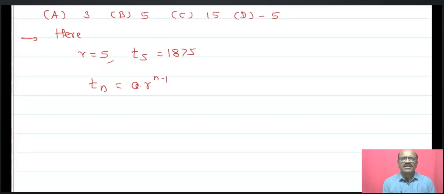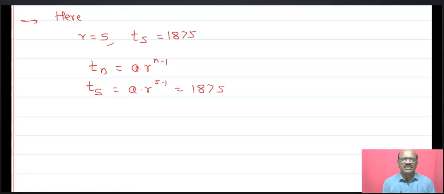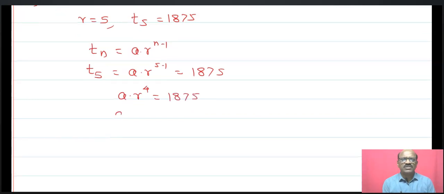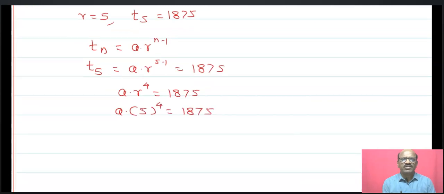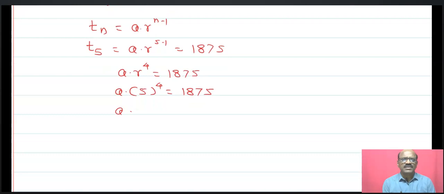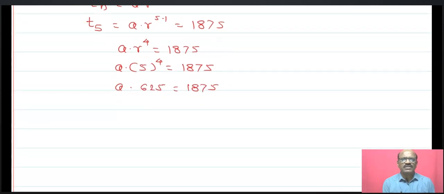T5 is equal to 1875. Tn is equal to a into r raised to n minus 1. T5 is equal to a into r raised to 5 minus 1, that is 1875. That is a into r raised to 4 is equal to 1875. Substitute the value of r as 5 and the value of 5 raised to 4. Now see this here.